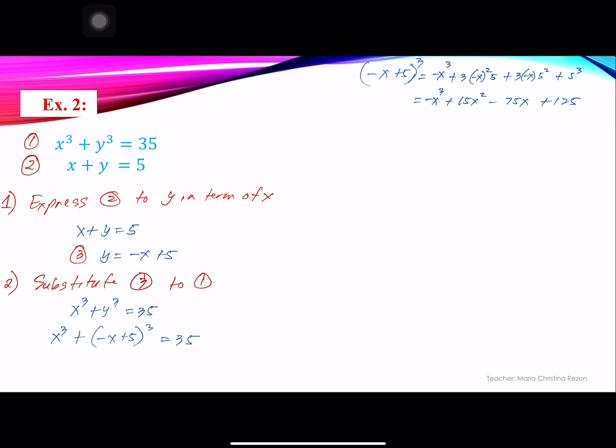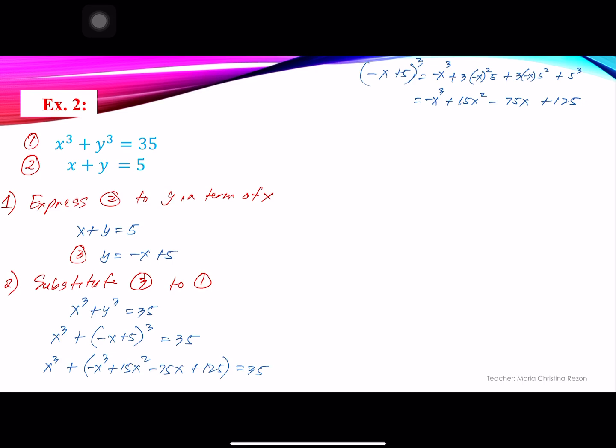So you will have x cubed plus that one. So you will have negative x cubed plus 15x squared minus 75x plus 125 is equal to 35.